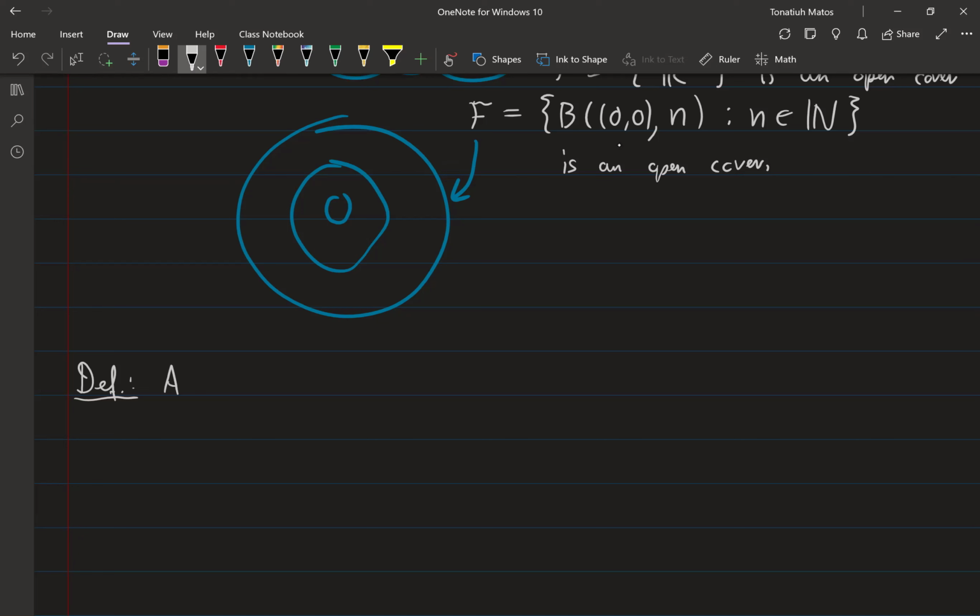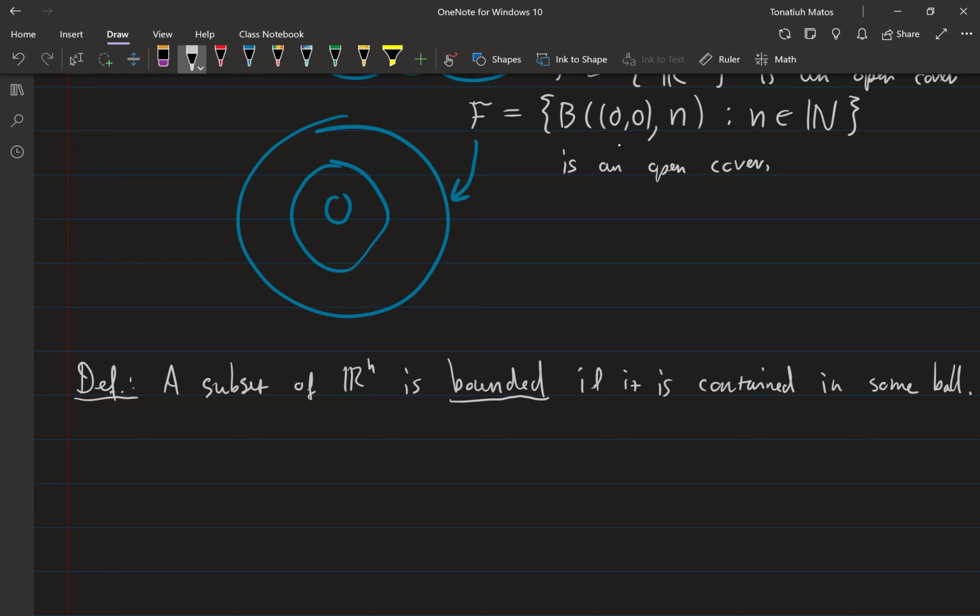A set of real numbers, let's say a subset of Rn, is bounded if it is contained in some open ball, or some ball, right? And unbounded otherwise. I'm not going to write that down because I think it's clear from context.